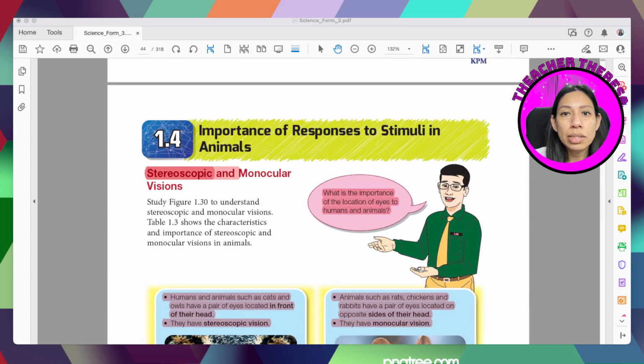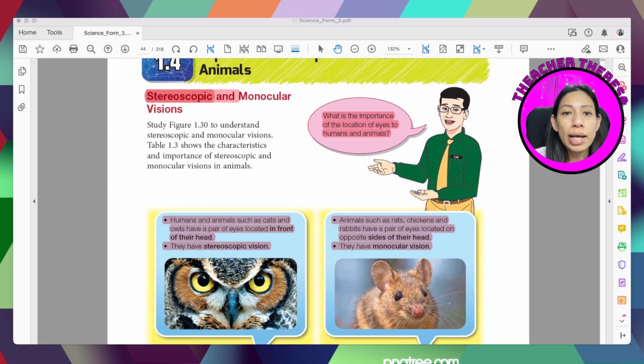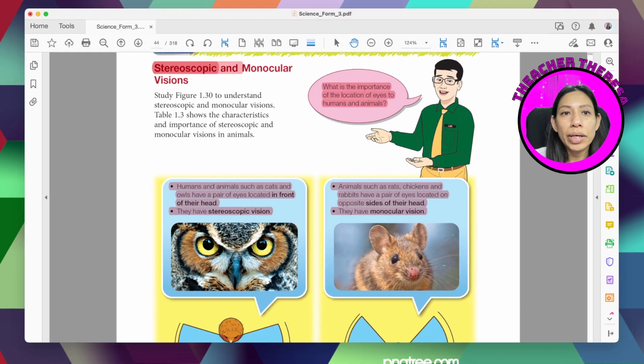What is the importance of having response to stimuli in animals? There are 2 kinds of animals: one is called prey, the other is called predator. Prey and predator have their eyes located in different positions.